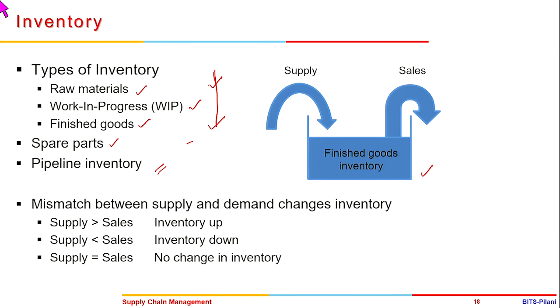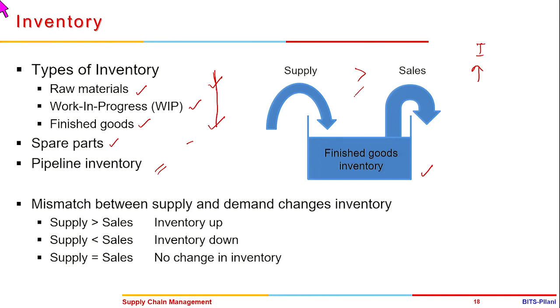What is inventory and how does it develop? From this diagram, it is quite clear that when supply is greater than sales, there will be more water entering into the tank and less will be going out. So in that case, your inventory will increase.